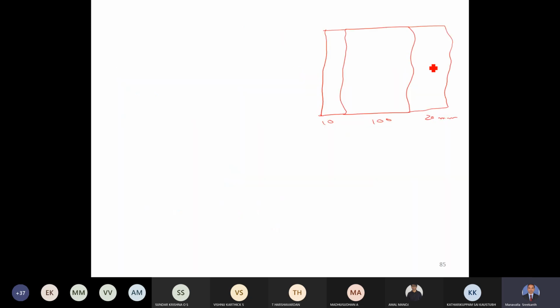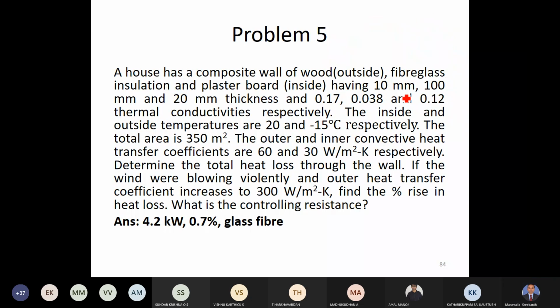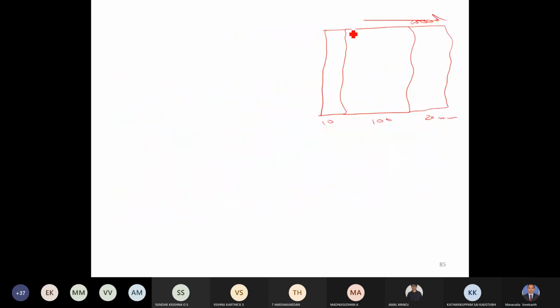The outside is wood, in the middle fiberglass, and plaster board inside.